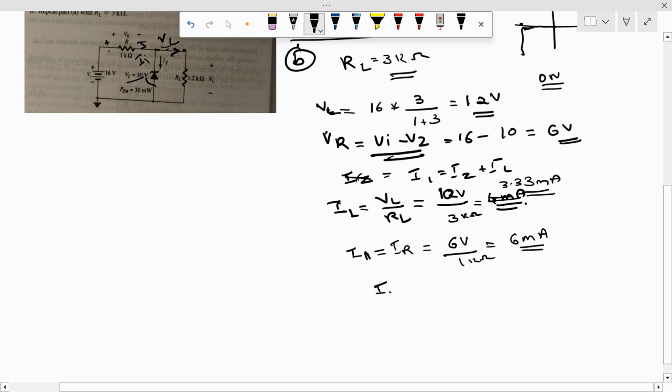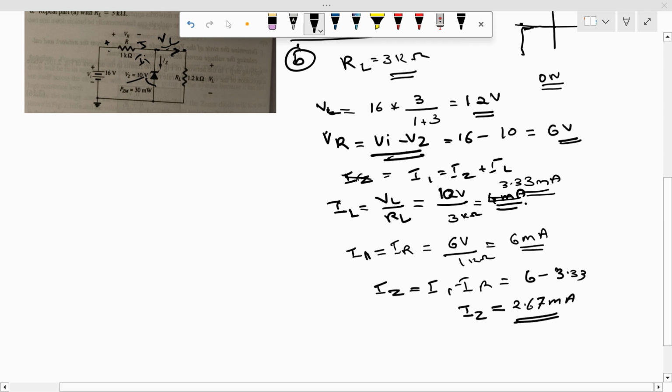So what will be IZ? IZ will be I1 minus IR. What is I1? I1 is 6 milliamps minus 3.33. So what will be the answer? The answer will be 2.67 milliamps. So this is the IZ.